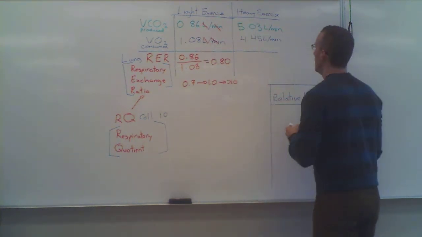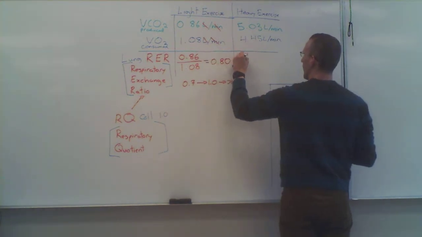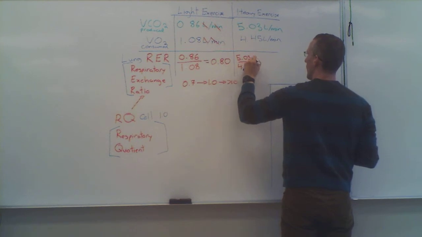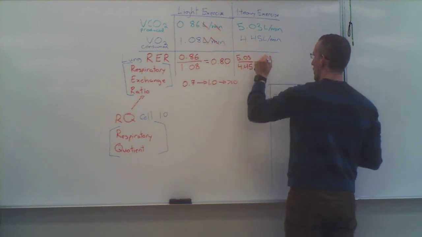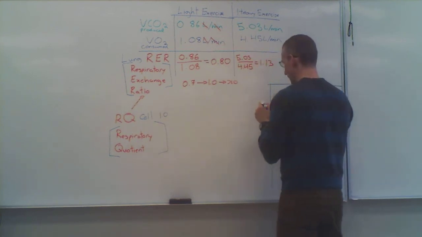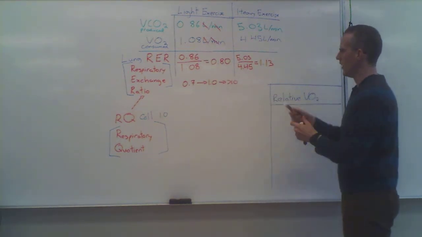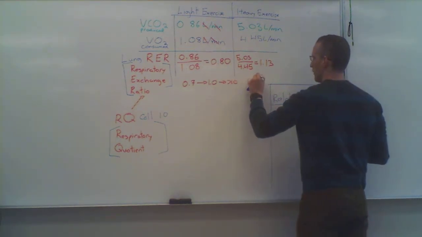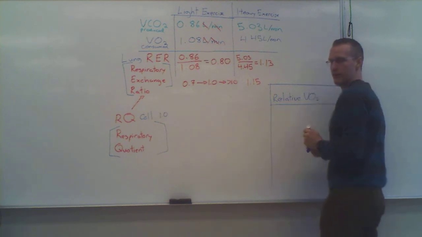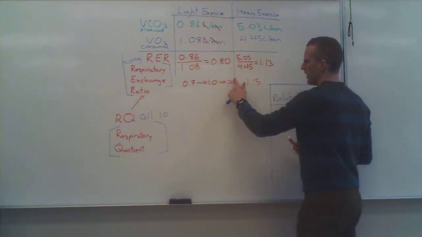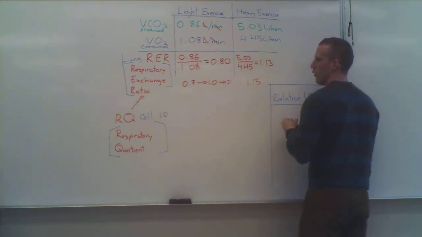If we do the math, we discover that 5.03 divided by 4.45 is equal to 1.13. Here's an example where now we've exceeded 1.